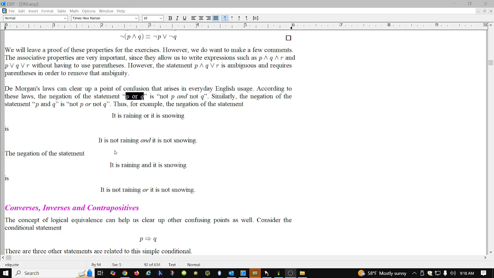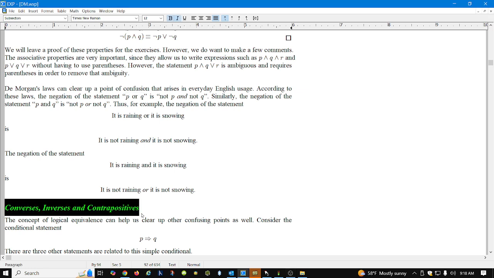Negation: it is not raining or it's not snowing. If you listen to people's conversations, even on television, some news personalities and politicians and others will make these kinds of mistakes. And some other logical mistakes, which we'll come to next when we talk about converses, inverses, and contrapositives.